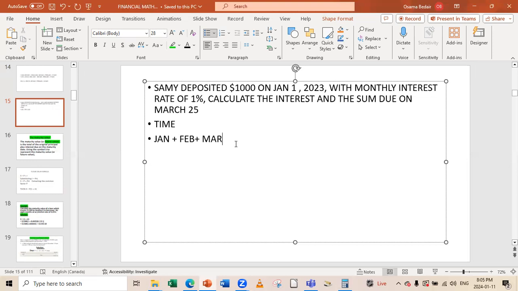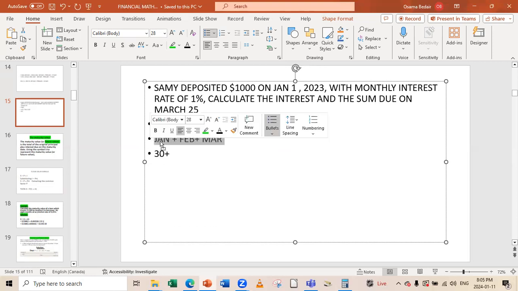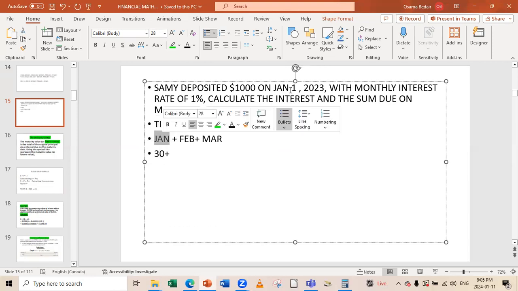Let's go for January first. 1 day already passed from January, so there are still 30 days left. By other meaning, when I'm going from January into February into March, I have 30 days remaining, because 1 day is gone and all of January is 31 days. So the amount will be 30 days for January.